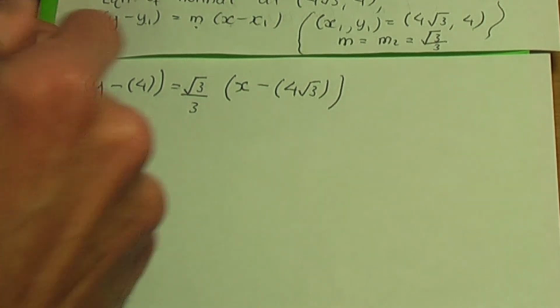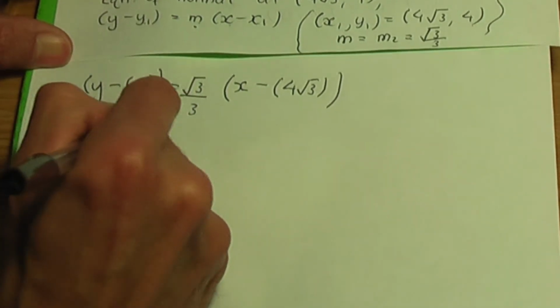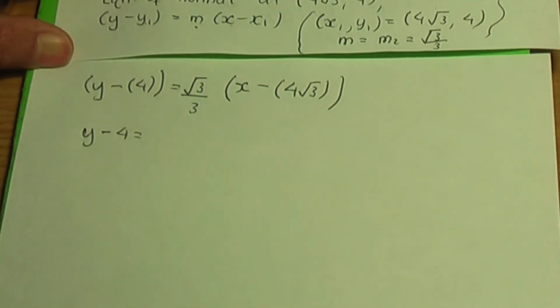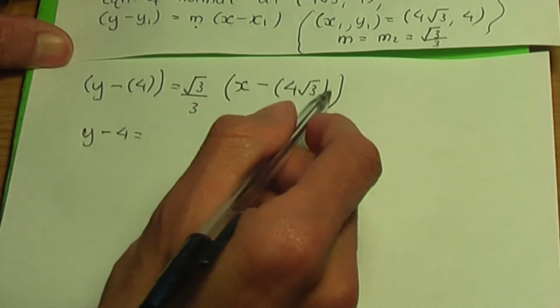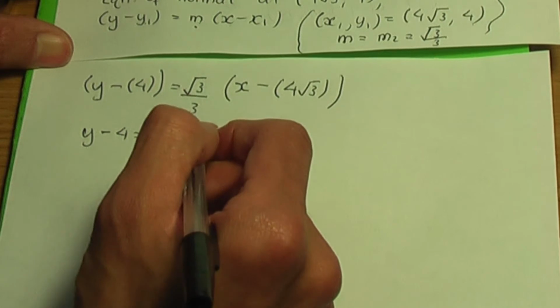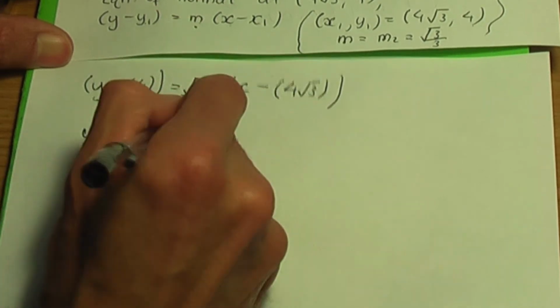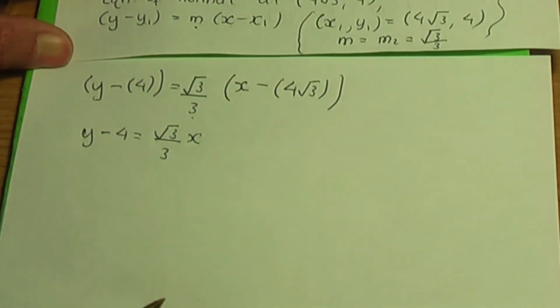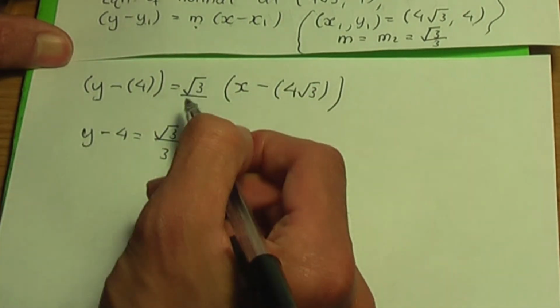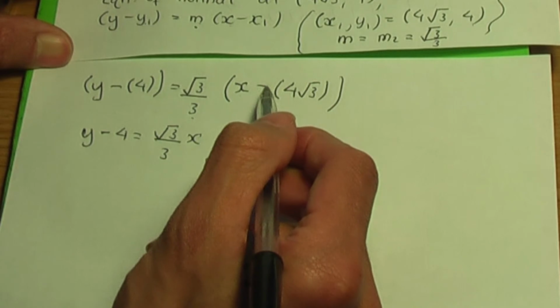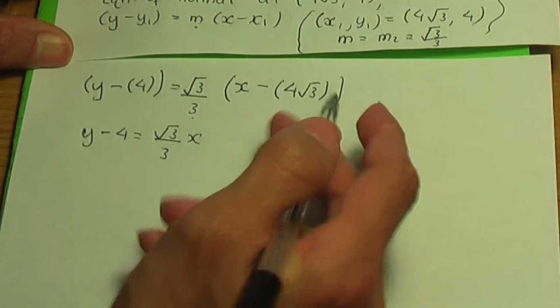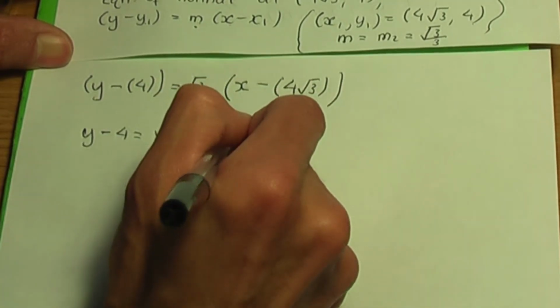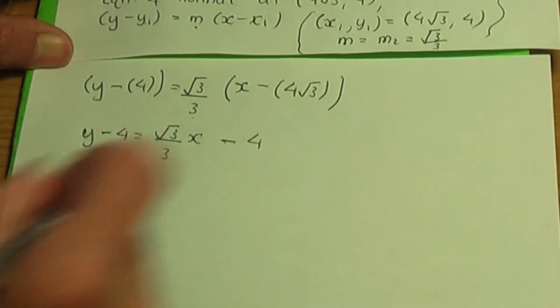Let's get rid of the brackets. On the left hand side you have y minus 4. And when you multiply on the right, root 3 over 3 times x is root 3 over 3 x. Root 3 over 3 times minus 4 root 3, you're going to have minus 4 as a result.